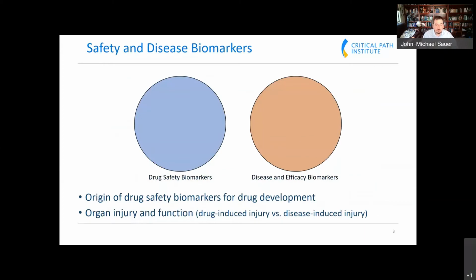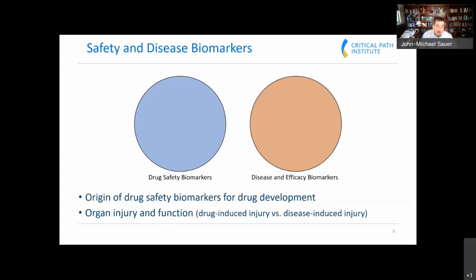So, if we look at how we think about biomarkers of drug development, we've separated safety biomarkers from disease and efficacy biomarkers. But ironically, many of the safety biomarkers that are used within drug development actually are derived from biomarkers used in clinical practice to diagnose diseases in patients.